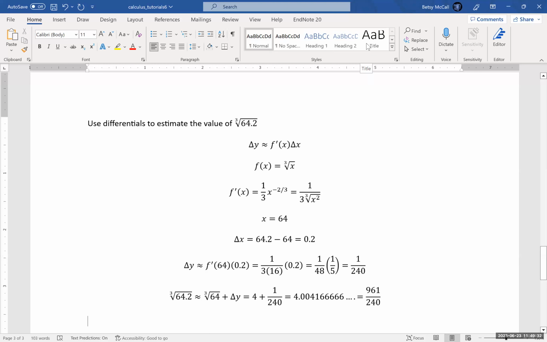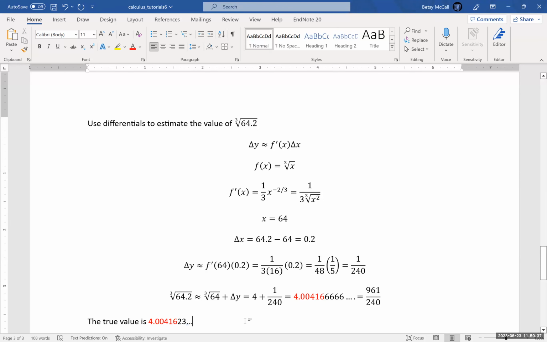And so if we actually take the cube root of 64.2, we can compare: it is 4.004162... And so what's nice about this is that 40416, all of these digits are the same as these. So 1, 2, 3, 4, 5 digits are the same.